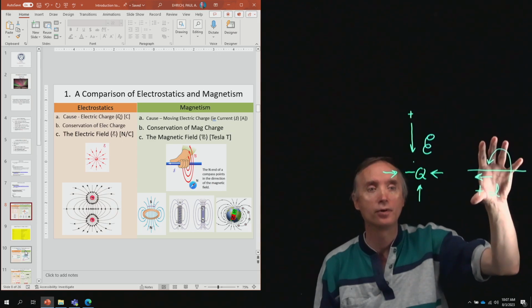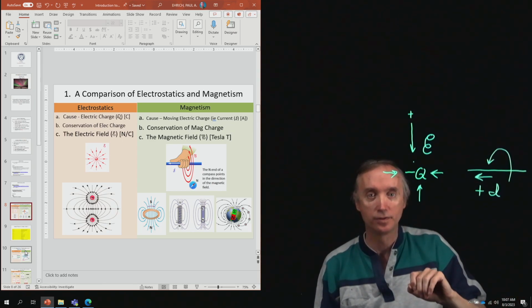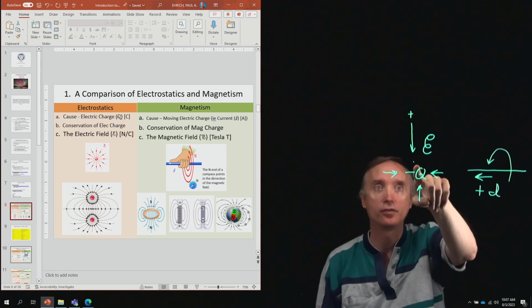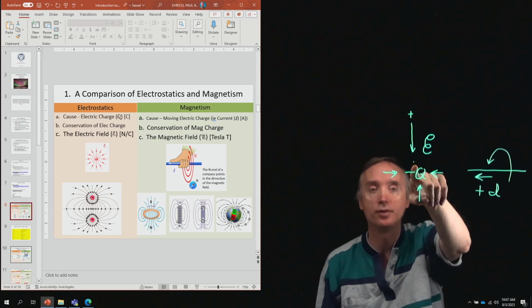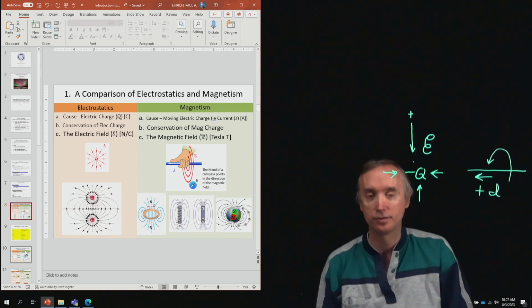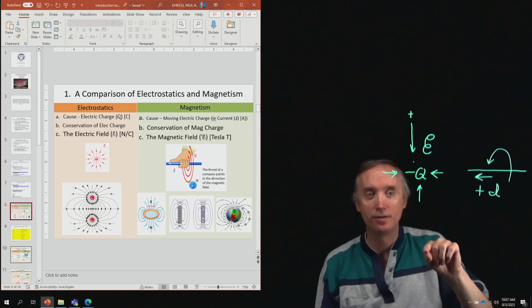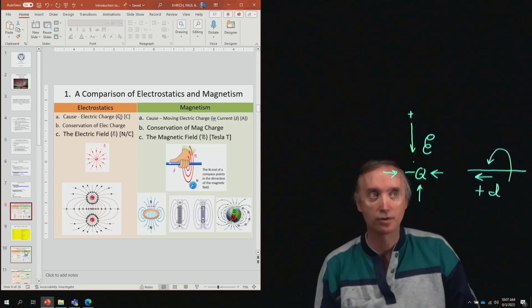And the further away you get, the weaker the magnetic field is going to get. The further away you get from the electric charge, the weaker the electric field is going to get. Now, you also have another set of circles.